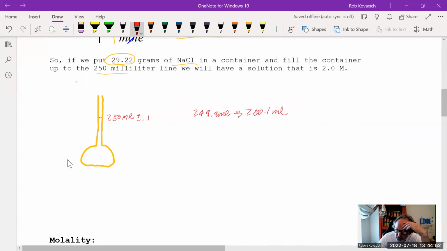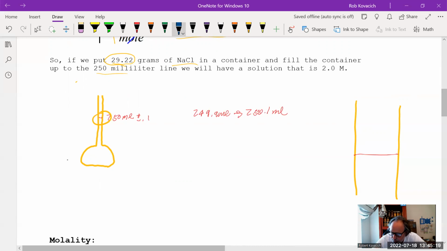It's that accurate that it's only a 0.2 of a milliliter differentiation from the lowest it could be to the top it could be. When we're doing this, let's say we're zooming in on this section right here. There's a line right here. When you're adding water to this, the water is going to cling to the sides of the container.